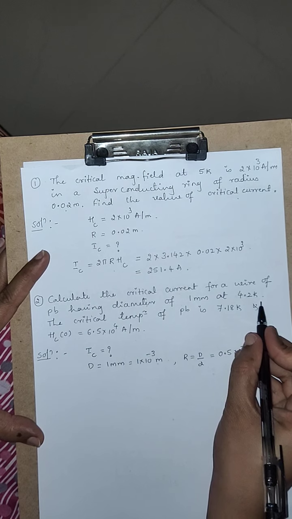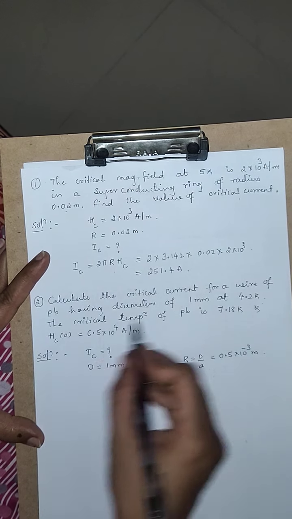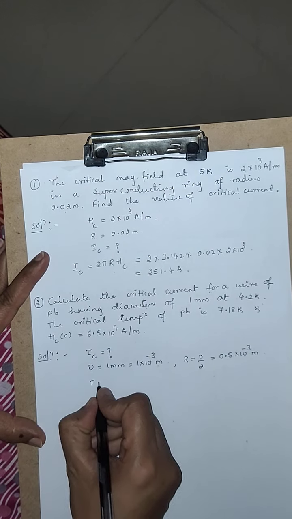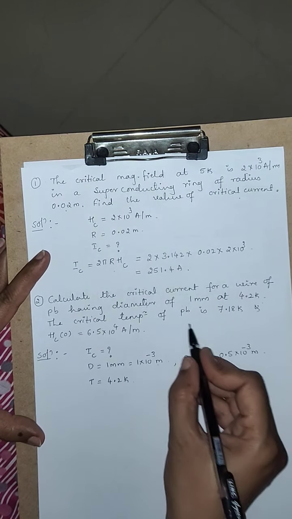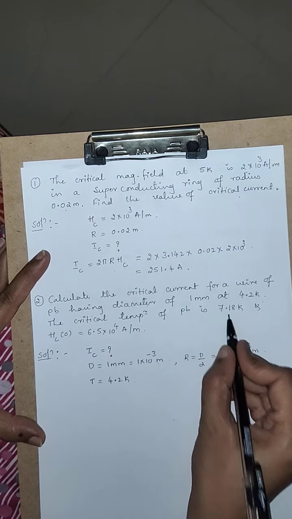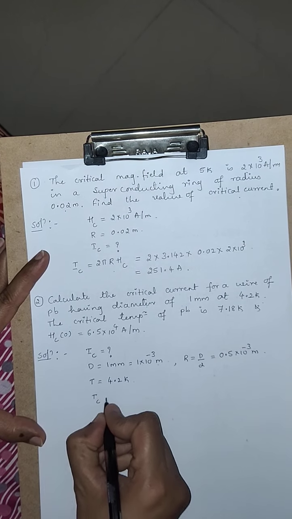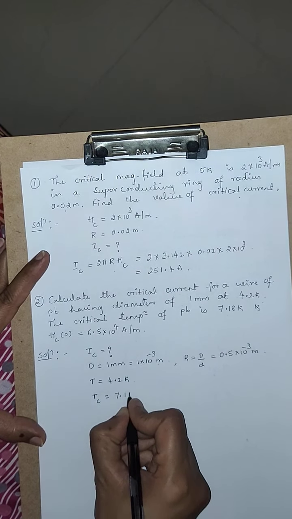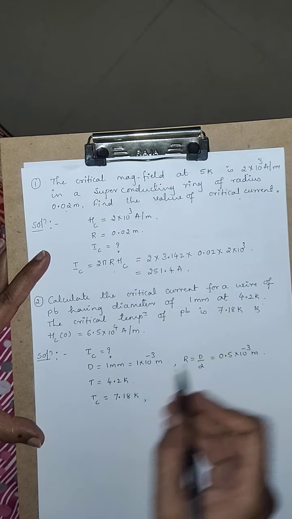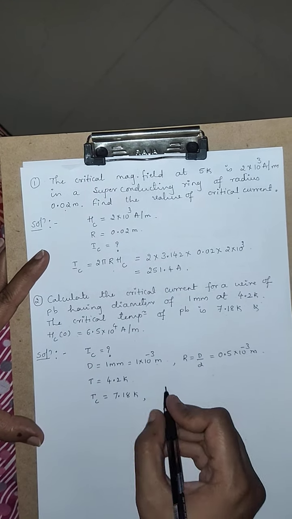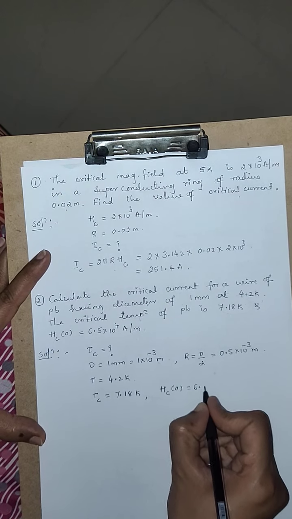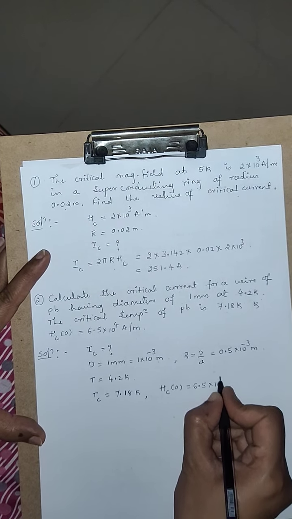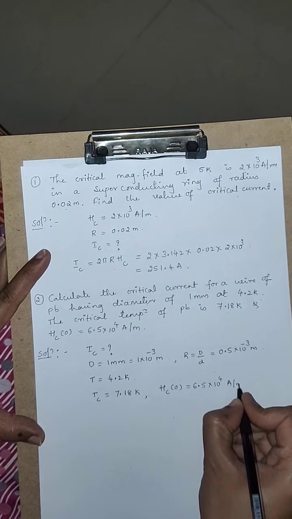At 4.2 Kelvin, the temperature is given, T is equal to 4.2 Kelvin. Then the critical temperature of lead is given, that is Tc is equal to 7.18 Kelvin, and the corresponding magnetic field is given, Hc of 0 is equal to 6.5 into 10 raised to 4 ampere per meter.